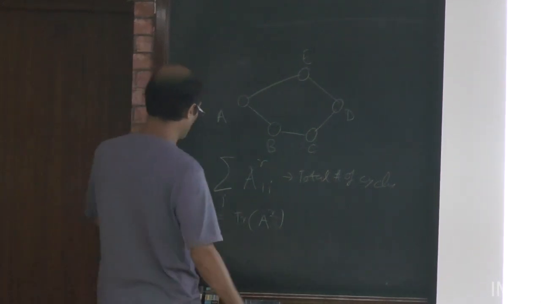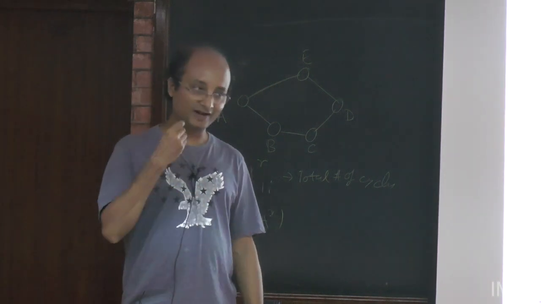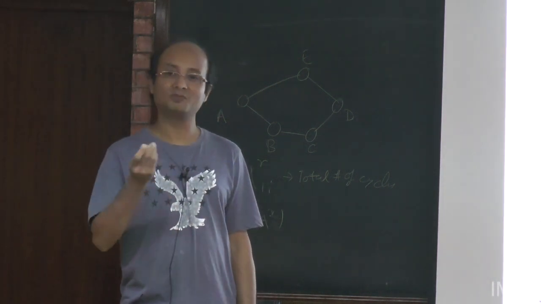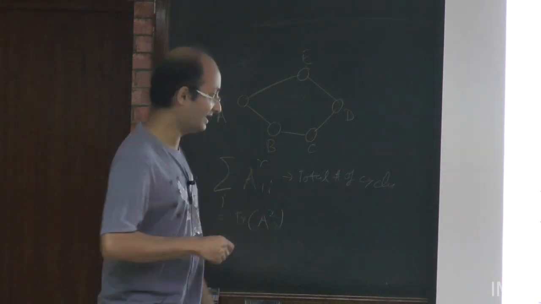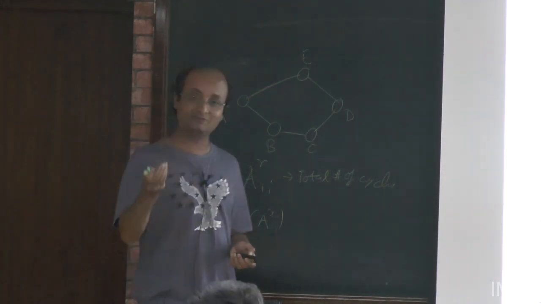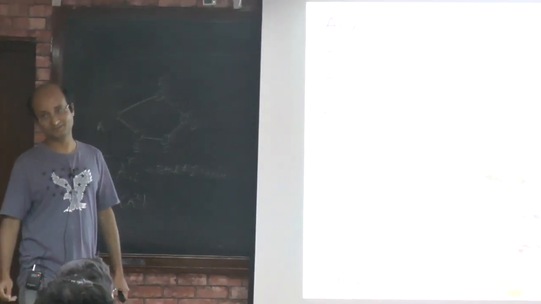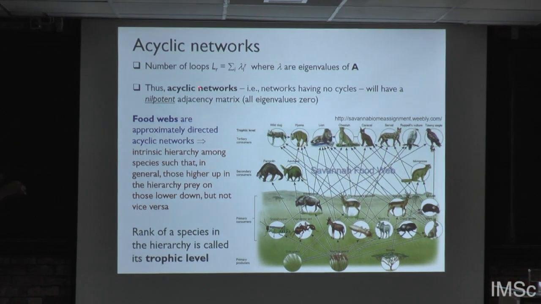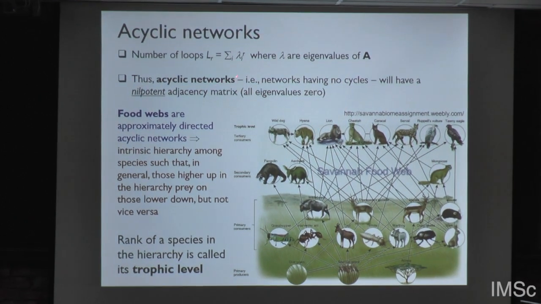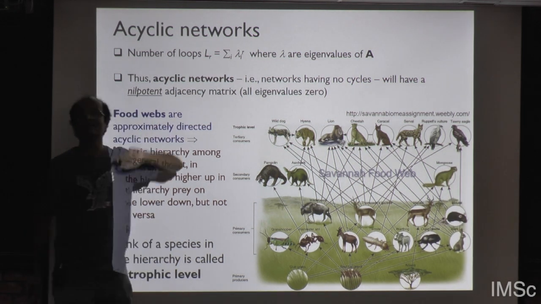Now, remember your linear algebra 101. The trace of a matrix equals the sum of the eigenvalues of the matrix. So in other words, if I know the eigenvalues of this matrix, I can just raise them to r and sum over, and that will give me the number of loops. And if you are interested in acyclic networks, that is a network which has no cycles, whether of length r or any other length, that means for any r, this quantity has to be 0.